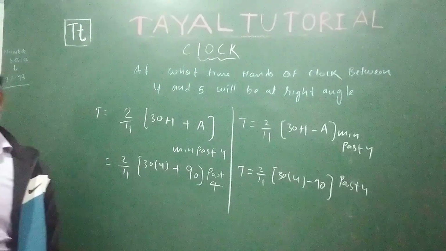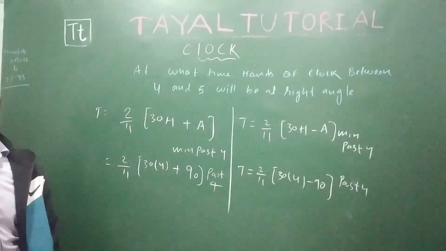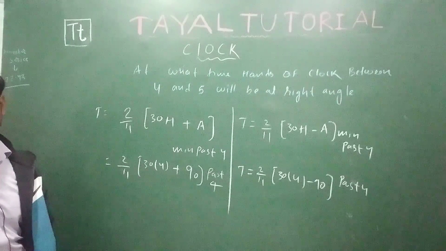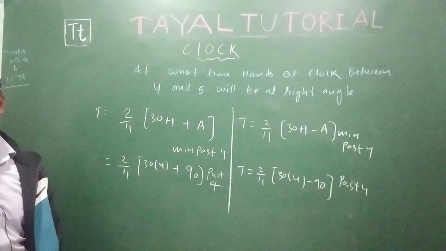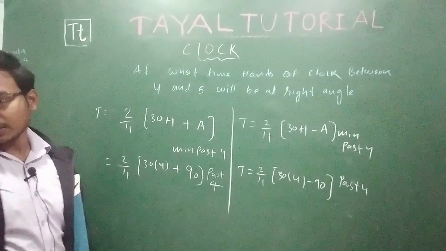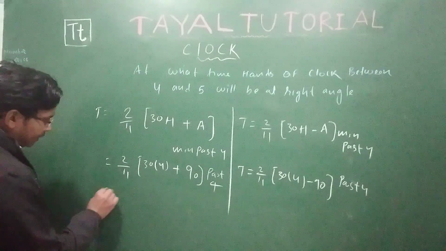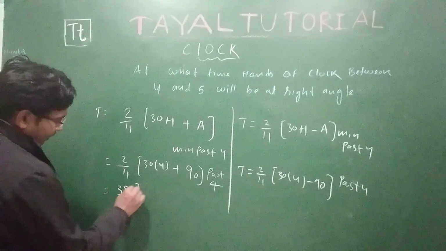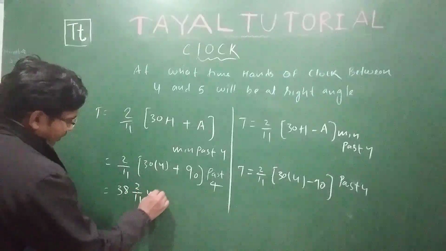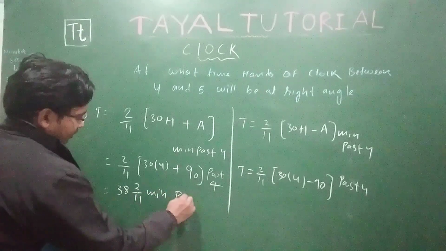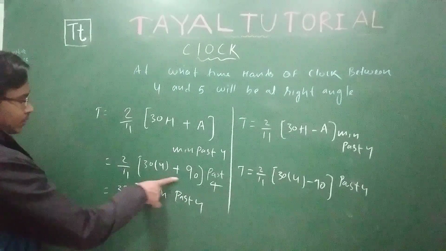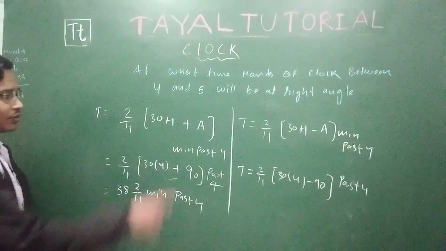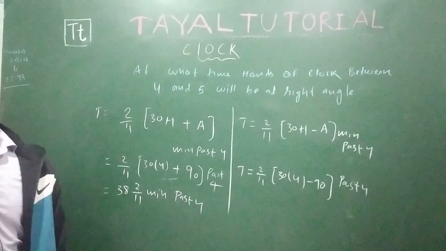After solving this value, you will get 38 2/11 minutes past 4. This is from the plus sign. Now after solving the other one, you will get one value.